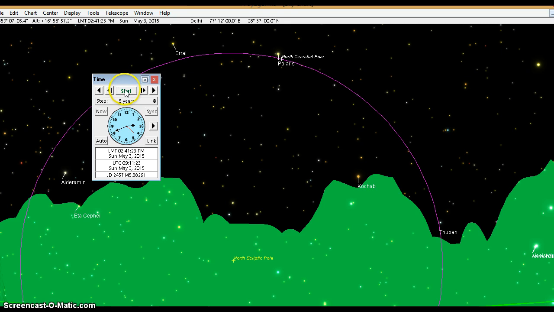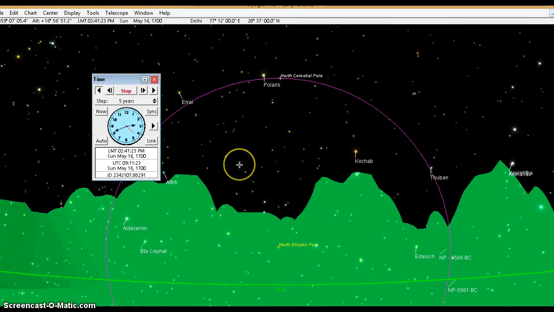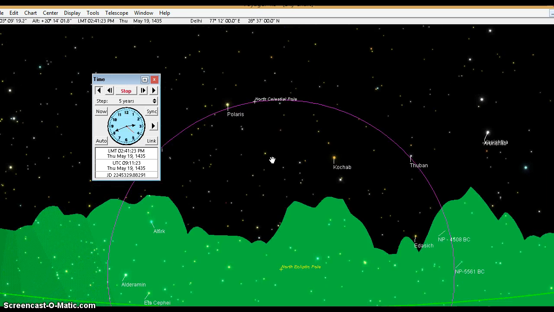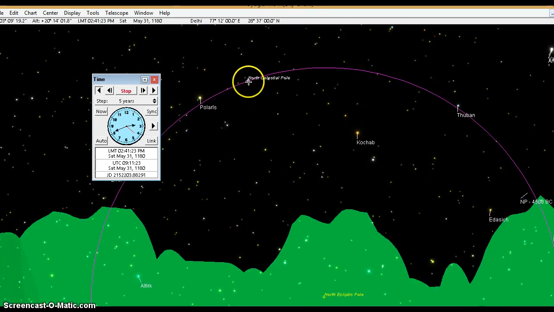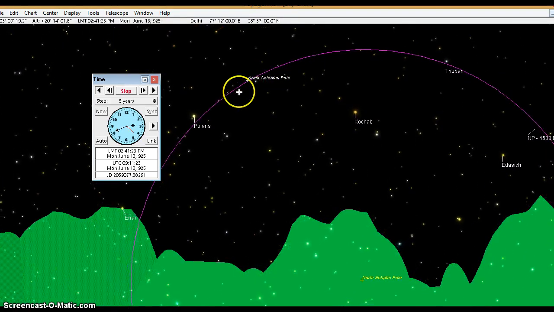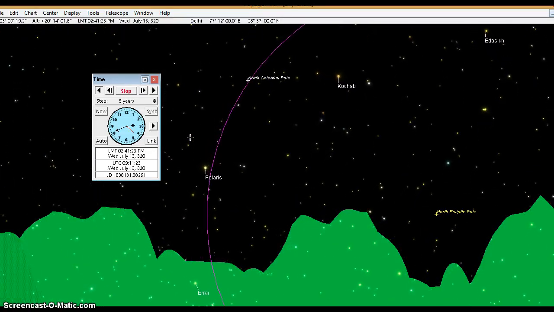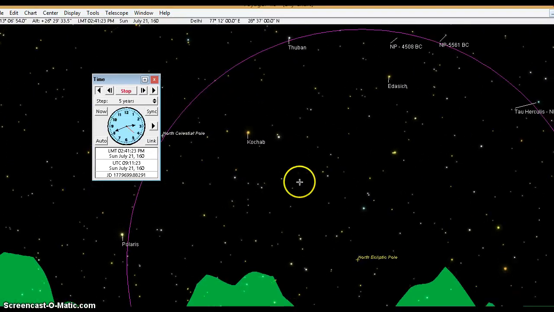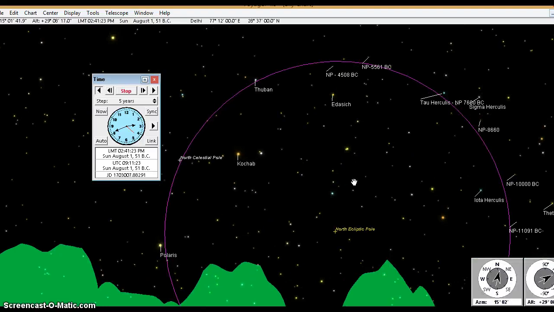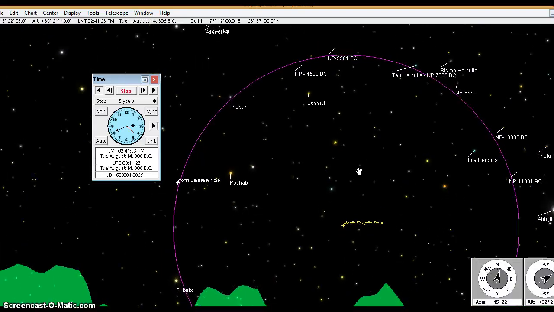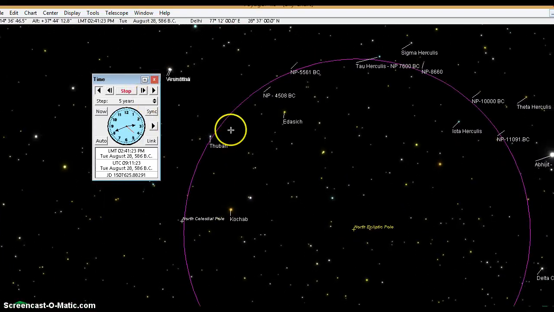We'll take a step change of 5 years, and going backwards, this is what we are going to do. Notice the North Celestial Pole is moving now, gone already away from Polaris by 0.80 or so, and we will stop when we see North Celestial Pole reach Thuban.